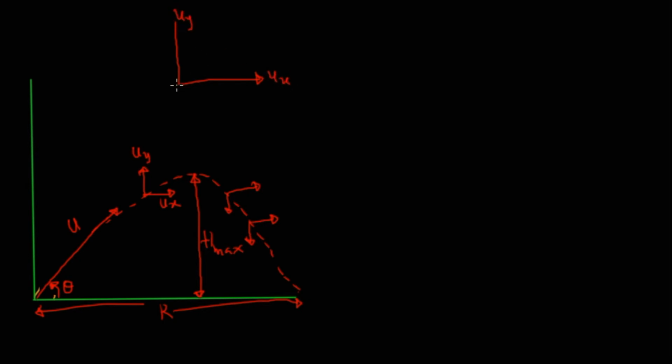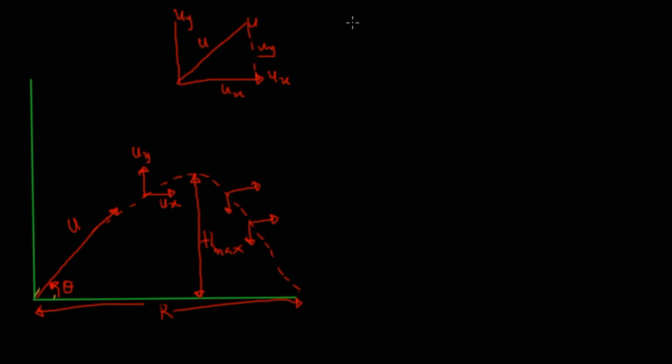So the magnitude of the velocity, which is the resultant velocity, is u. To find the magnitude, we need to make use of the Pythagorean formula, where this is ux and this y-axis is uy, and the hypotenuse is u.